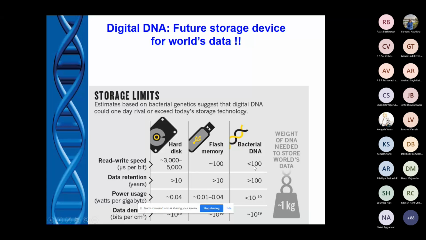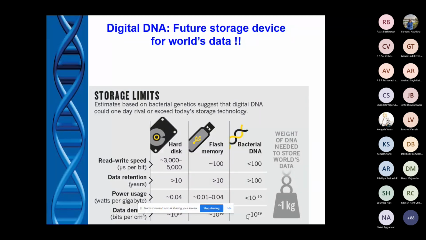The only problem is the read and write speed. But data retention is much better in DNA. Power usage is also good. Data density is much higher in DNA. The only thing is how you code the information in DNA, and not only that, once you write the information, how you understand and decode it, right? So those are some important things.